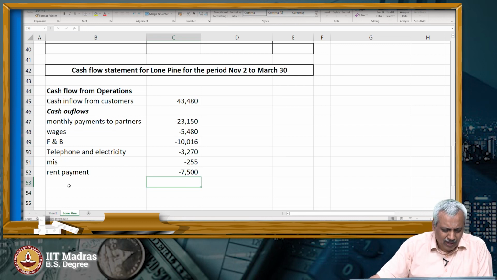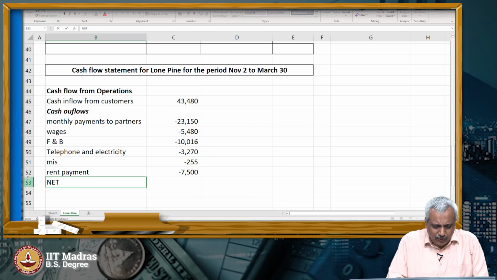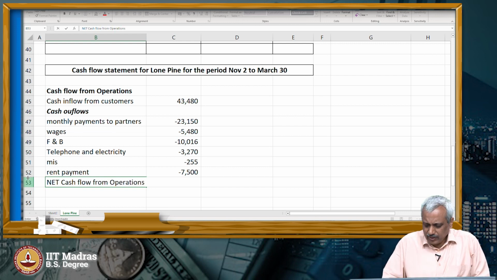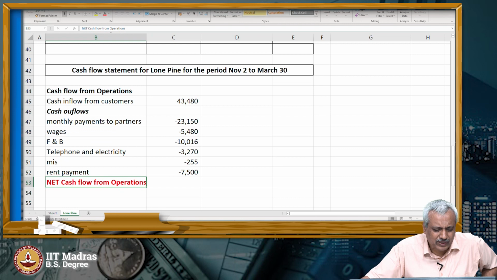So what is the total outflow, total cash out? What is the net cash flow from operations? I'm going to change this to a different color for you guys.